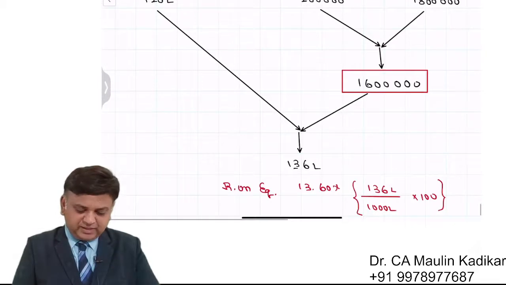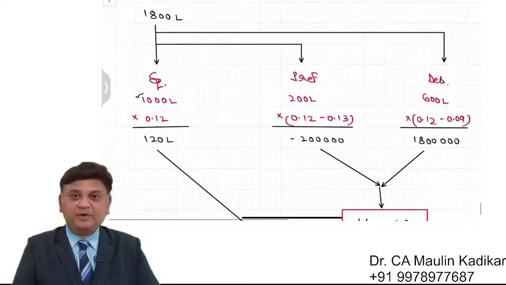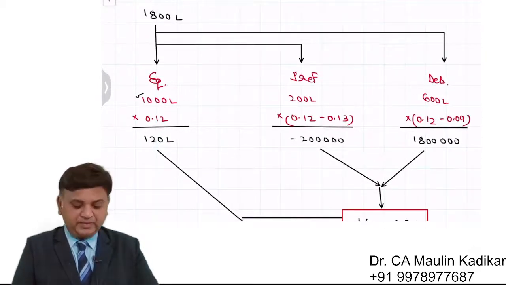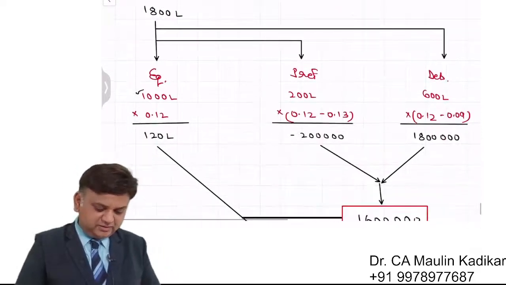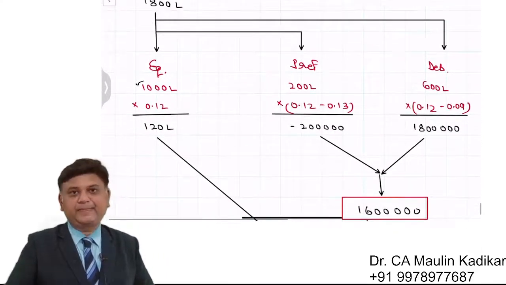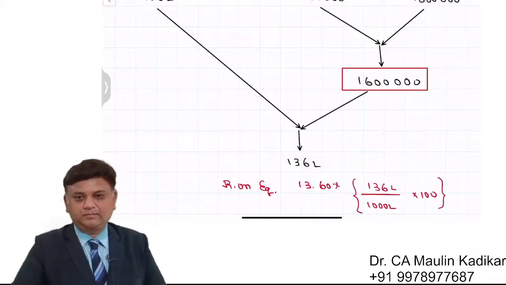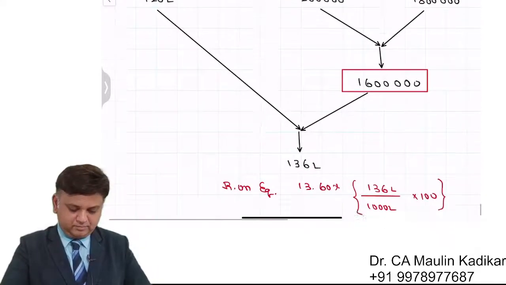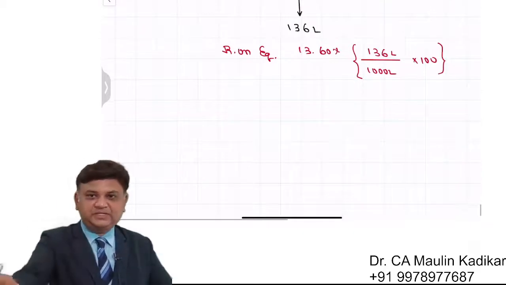This is not only for an understanding purpose, but it is forming part of the answer. So I request all of you to write an answer of this 1800 lakhs bifurcation. Please write down further answer.